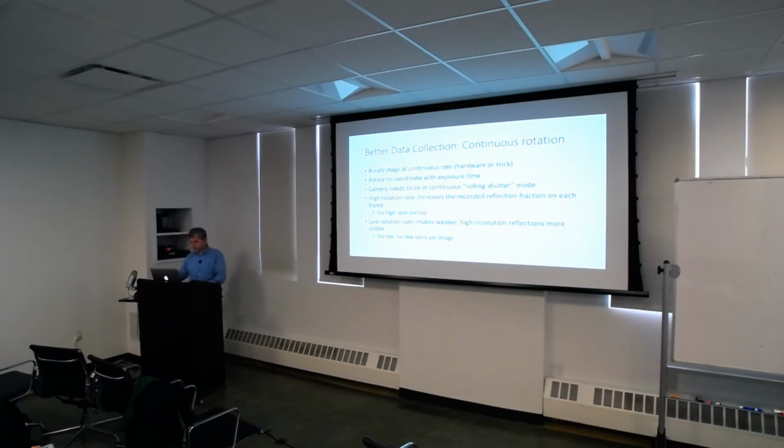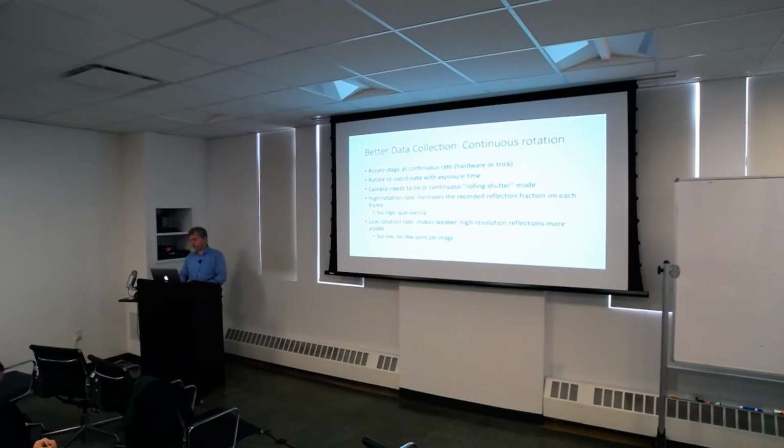So you have to figure out a way to tilt it continuously at the same rate throughout your collection. And then you have to have a camera that can be in a continuous mode. For this F416 camera, it's called rolling shutter mode. It's no longer shuttering the beam, it's just collecting. It's a CMOS camera, so it collects in rows, and then collects another row.